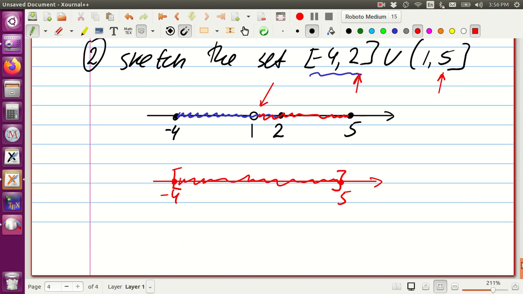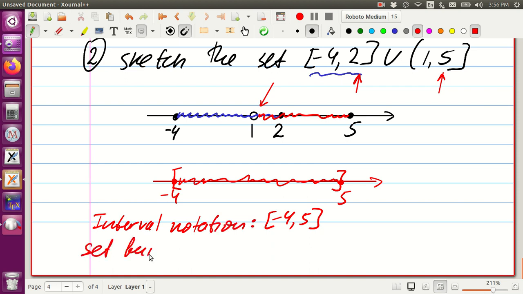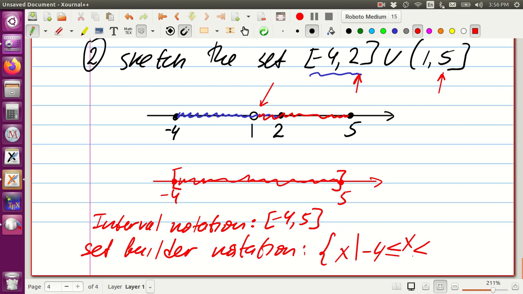So that means our solution in interval notation is from -4 to 5, bracket, interval notation. And if I want set builder notation, we get all values x such that x is greater or equal than -4 and less or equal than +5.